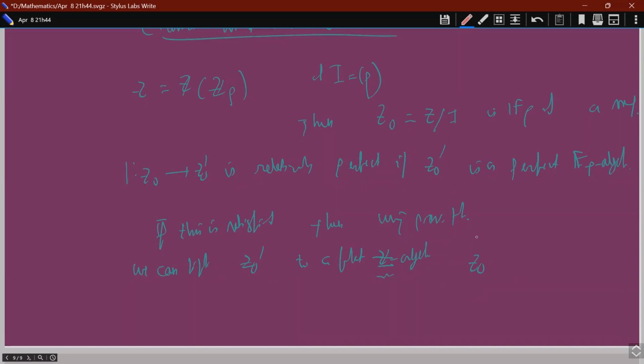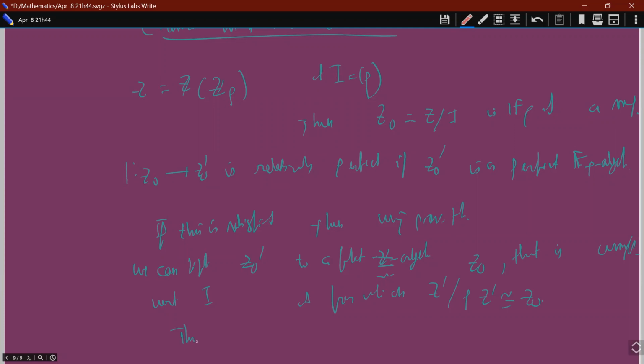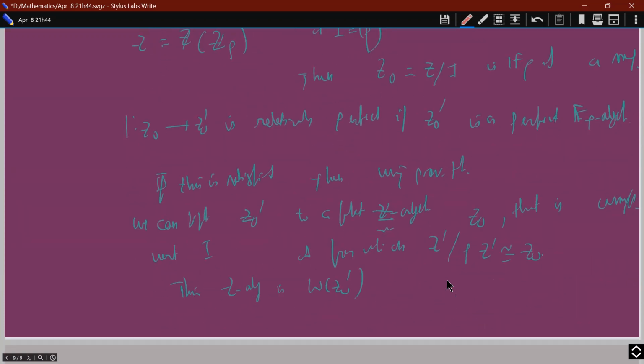A flat Z algebra Z naught that is complete with respect to this ideal I, and for which this Z algebra is the ring. Classically, this is the classical Witt vector construction.